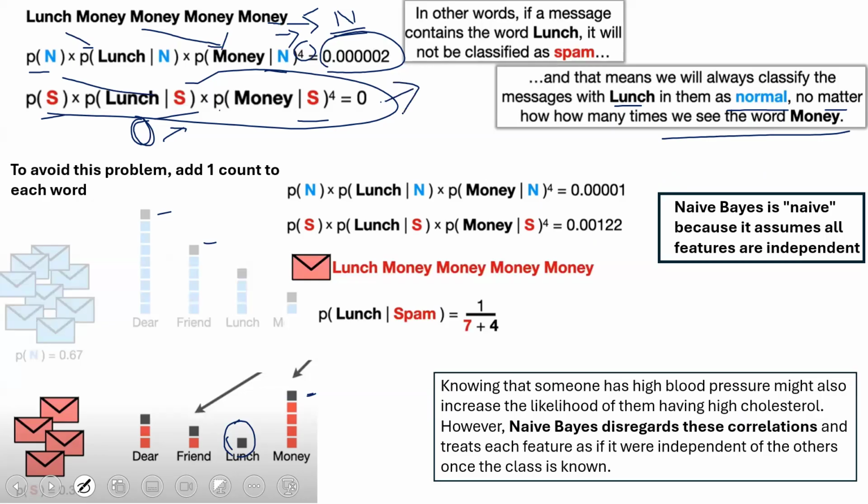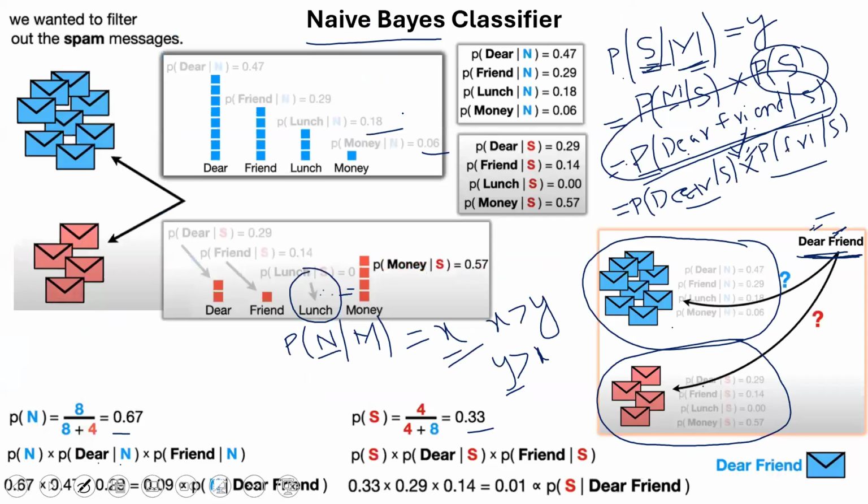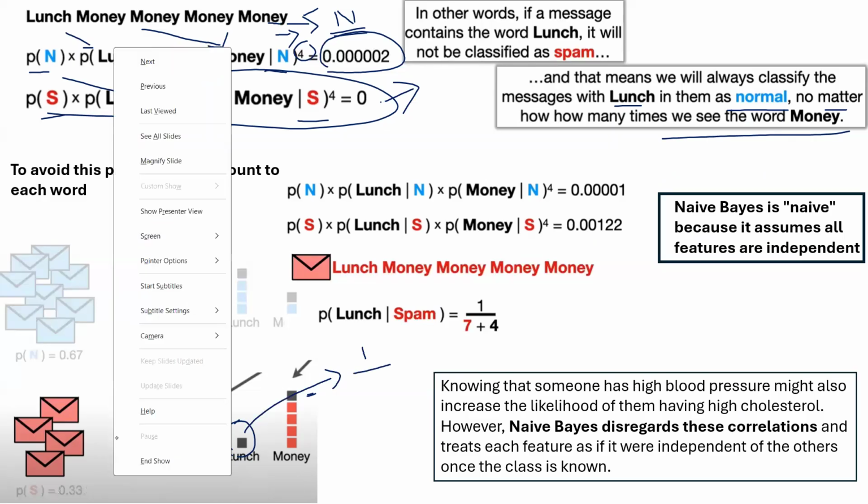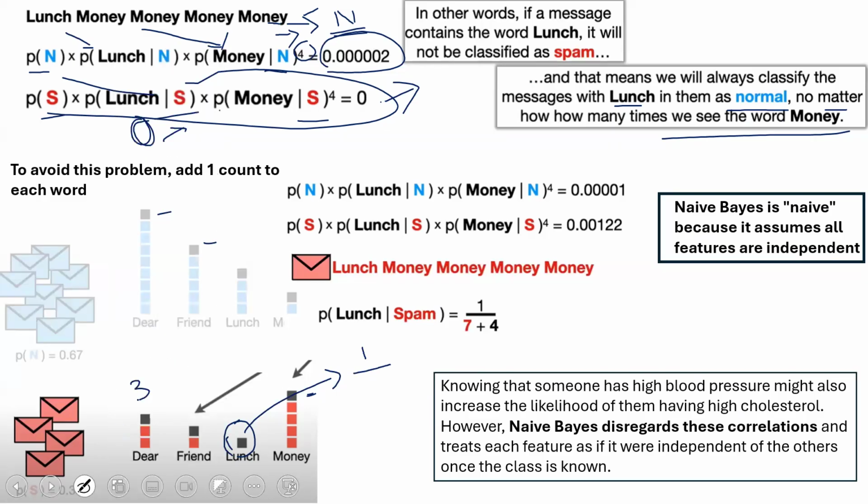So once you add that, if you do the probability calculations that you have done, what does this become now? Again, I'll do a calculation for this one, for lunch. Earlier it is 0, because 0 by anything is 0. Now this becomes 1 by, this becomes 3 now, this becomes 2, this becomes 1, and this becomes 5, right?